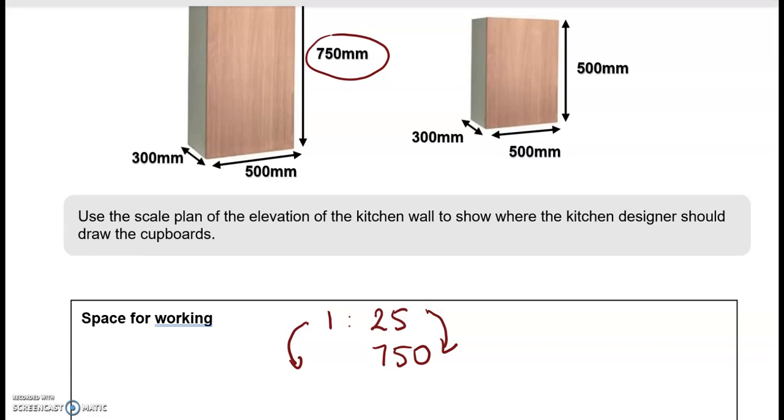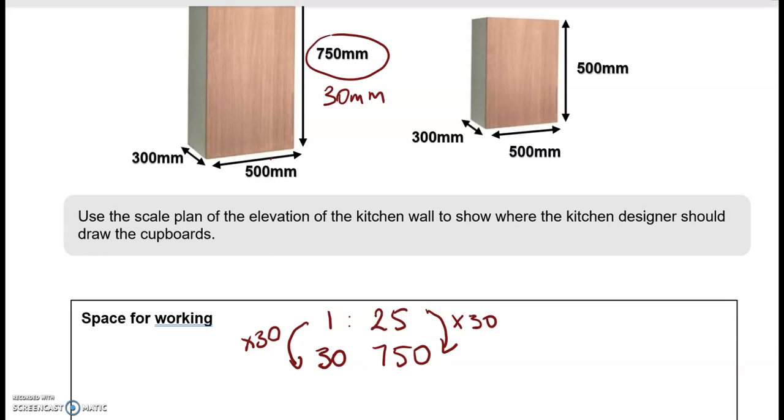So how many 25s fit into 750? So we'll go 750 divided by 25 gives us 30. So that would be 30 millimeters.